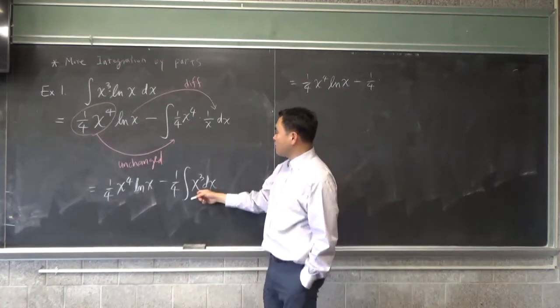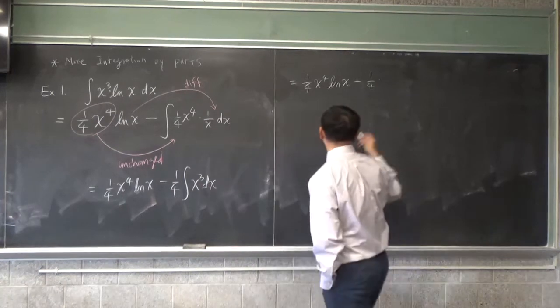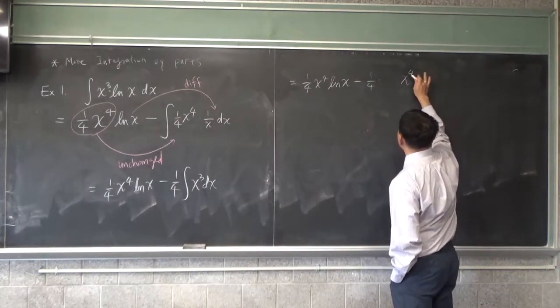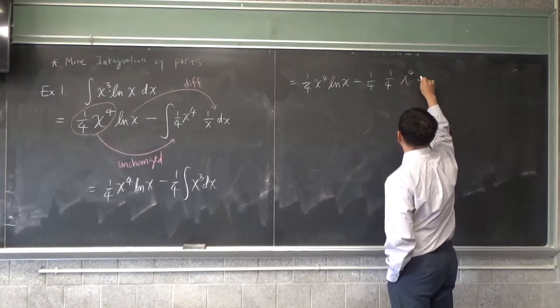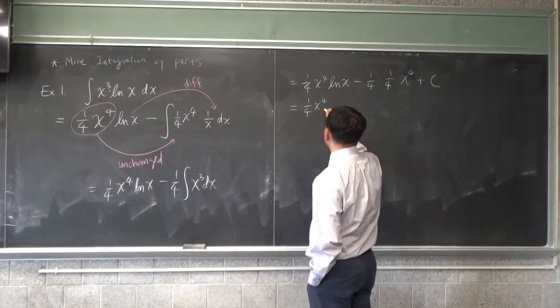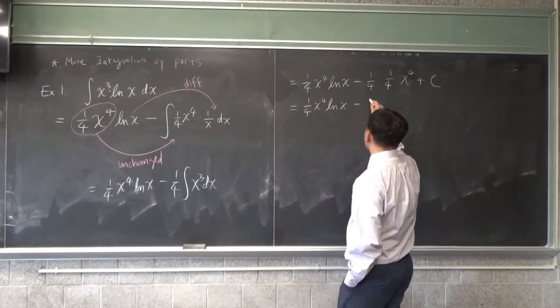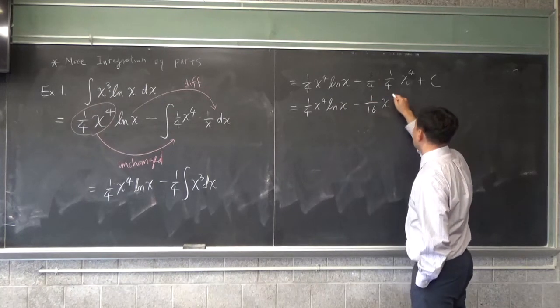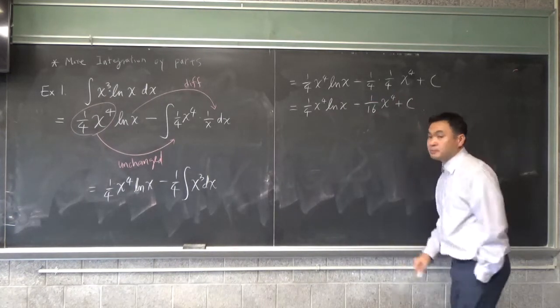Again, x to the 3rd integrates by adding 1, x to the 4th, and putting the reciprocal in front, plus c. So the final answer is 1/4 x to the 4th ln of x minus 1 over 16 x to the 4th plus c.